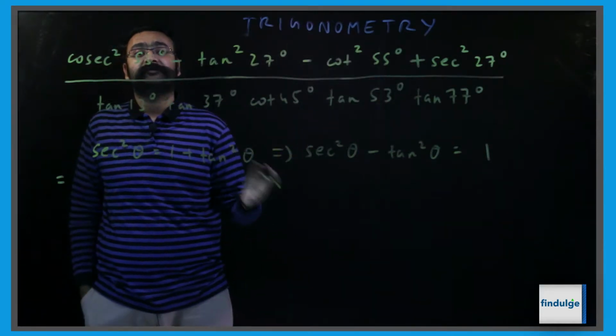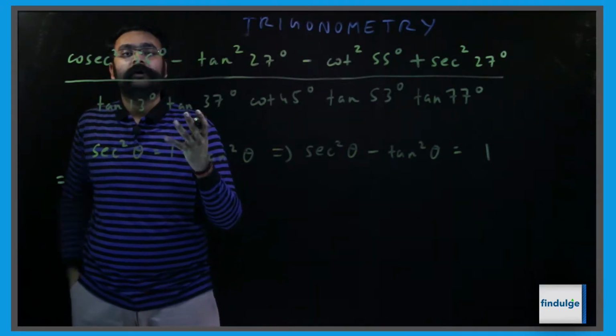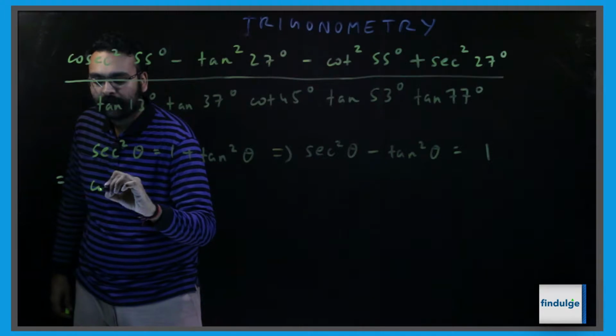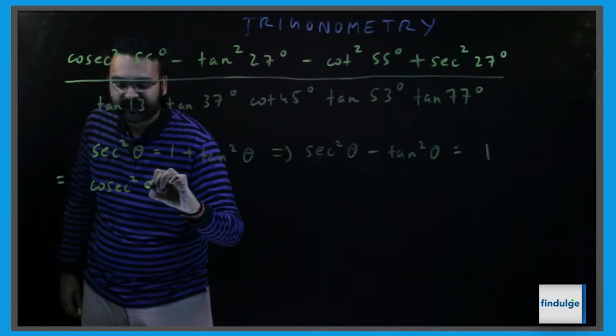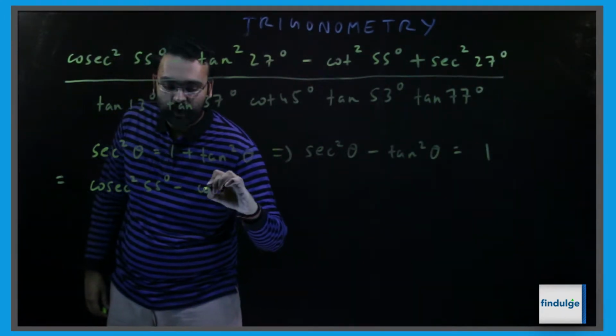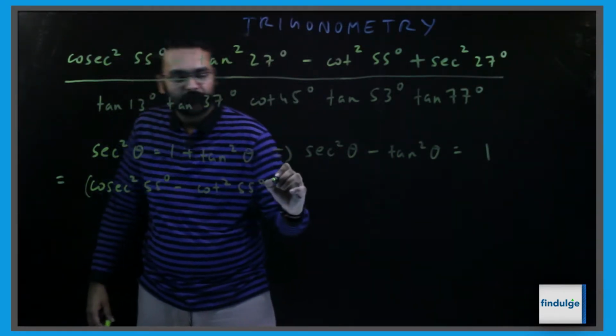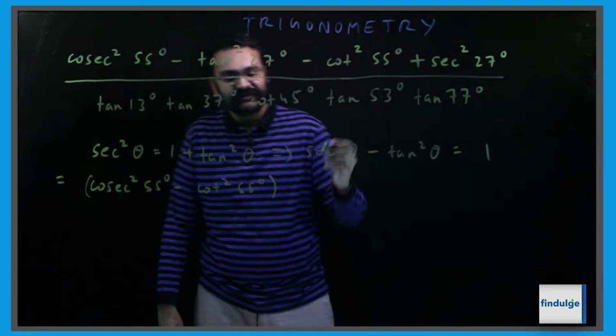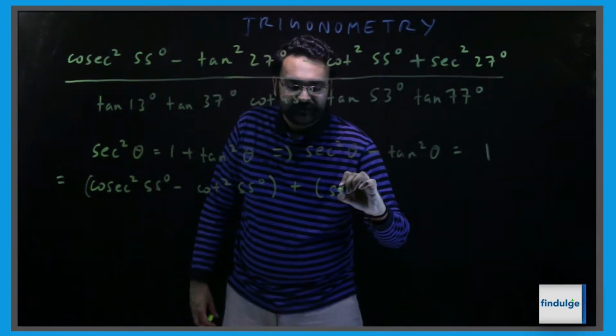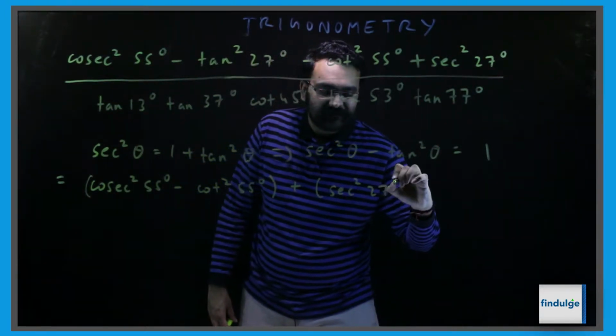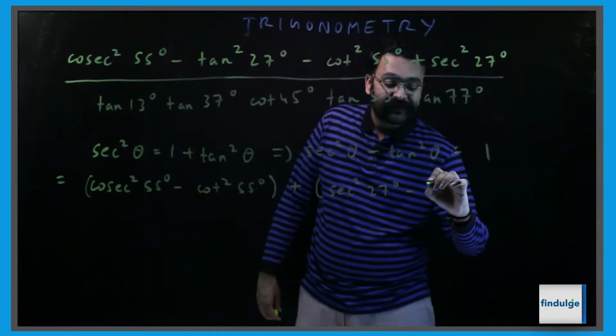Because it's addition and subtraction, I can move it around how I want to within reason. So if I rewrite it as cosec square 55 minus cot square 55 plus sec square 27 minus tan square 27.